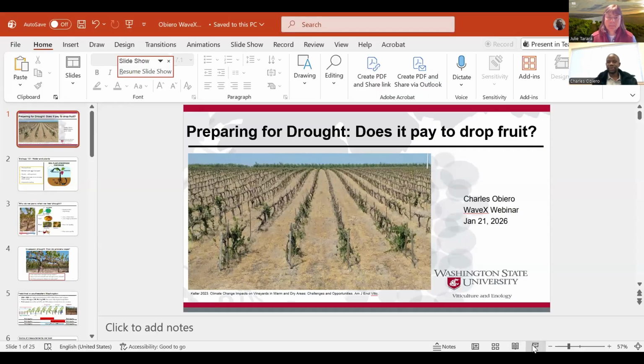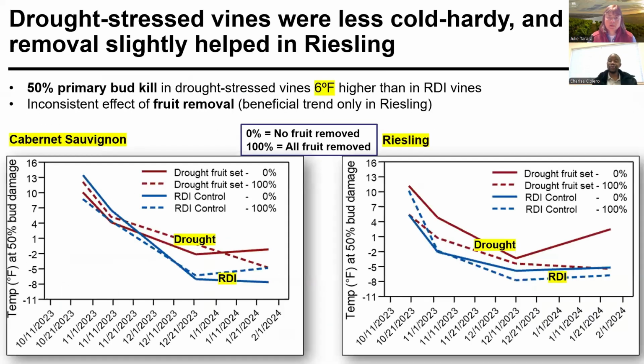That's a very good question. Because we were seeing major impact from the drought from fruit set, and given the amount of work in collecting this data, we didn't go through with the drought from veraison. So we didn't collect the data, because we were not seeing major impact on that.